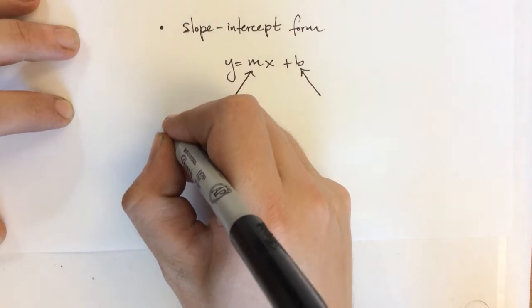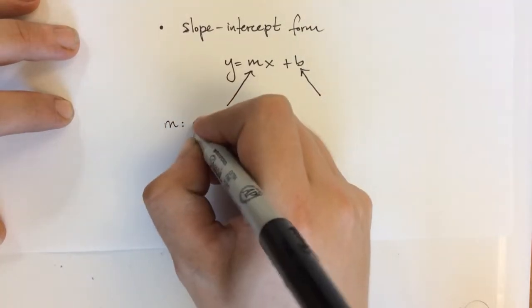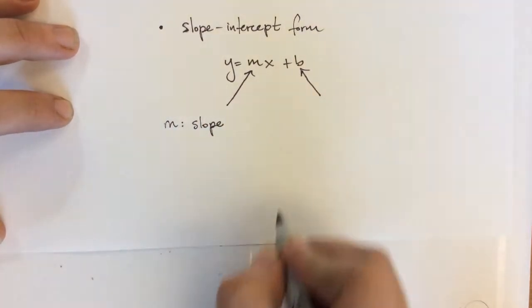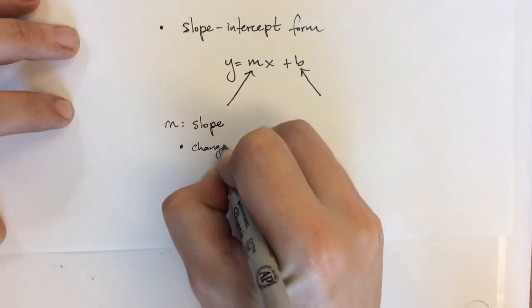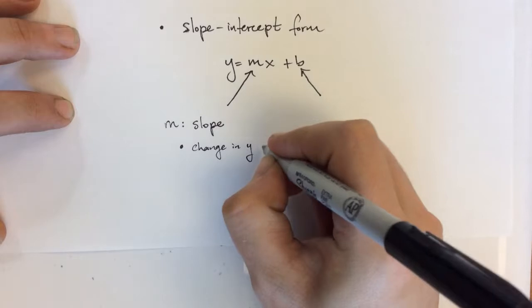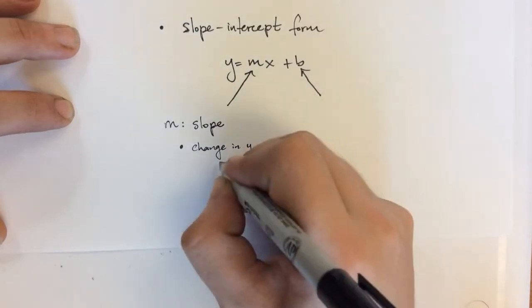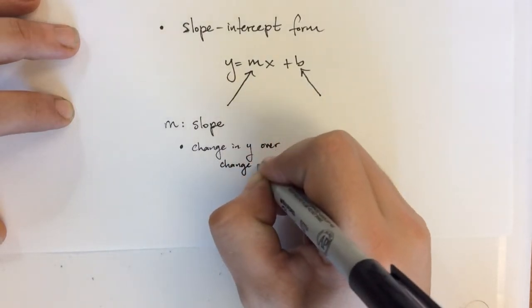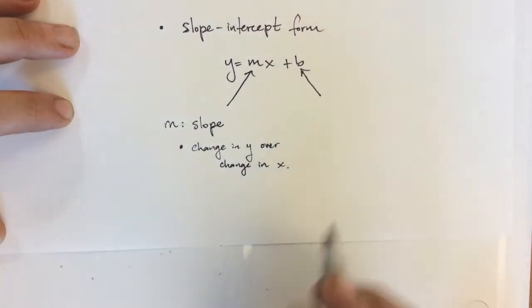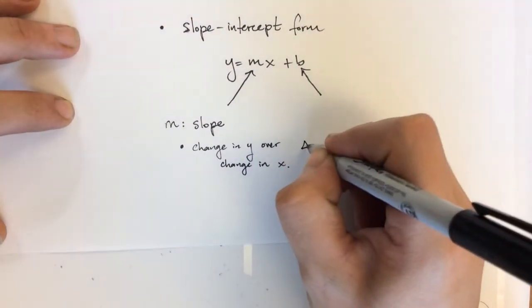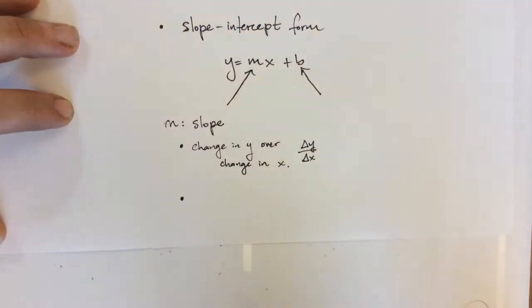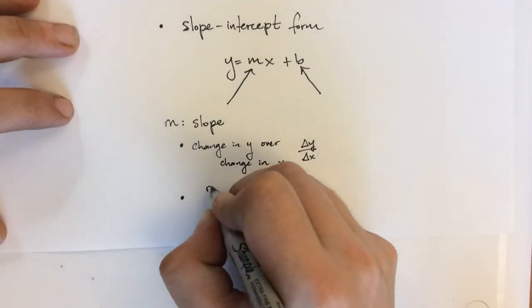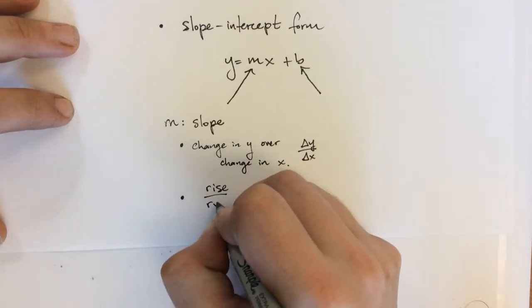Okay, so m, as you probably remember, represents the slope of the line, which is the change in y over the change in x for different points x, y on the line. We might write it like this, delta y over delta x. An easy way to remember that is rise over run.